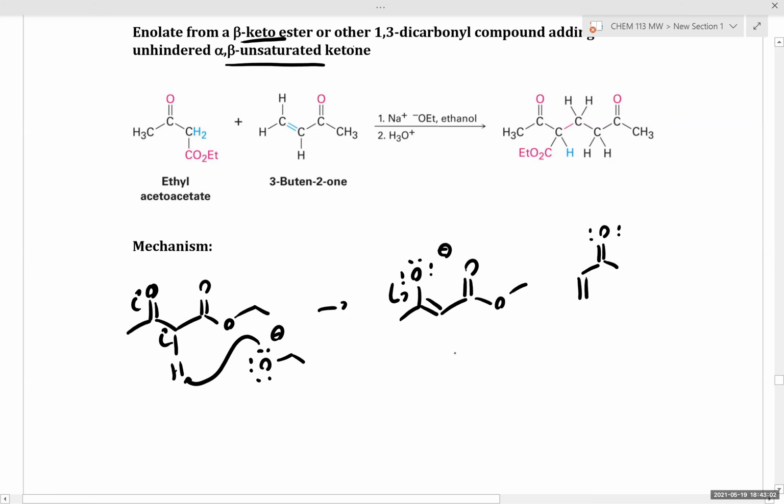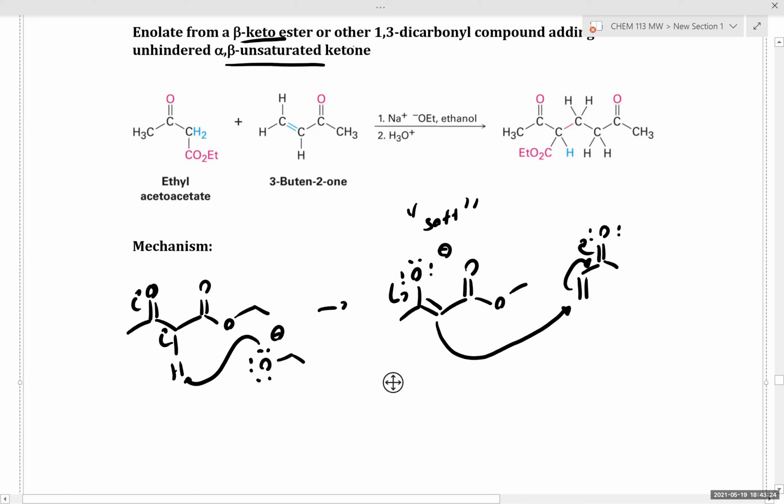So now that we have our nucleophilic enolate, enolates are soft nucleophiles. We have a stabilized source of electron density in our nucleophile. It's not like an organometallic reagent or a localized carbon-centered nucleophile. So this soft nucleophile will add 1,4 and we generate our enolate.